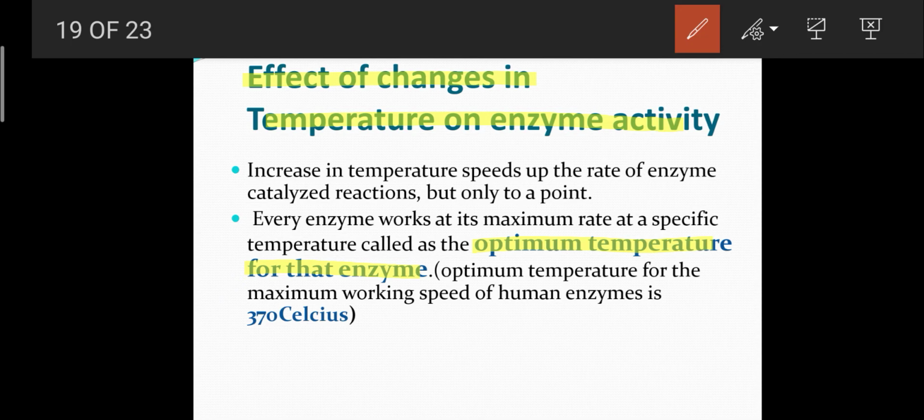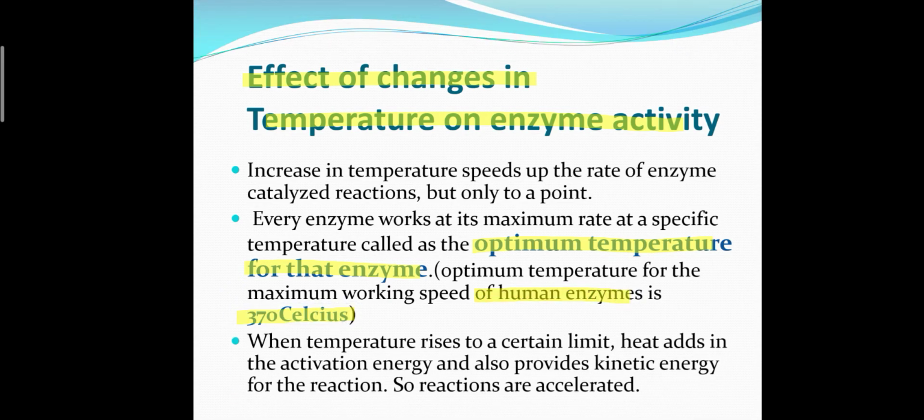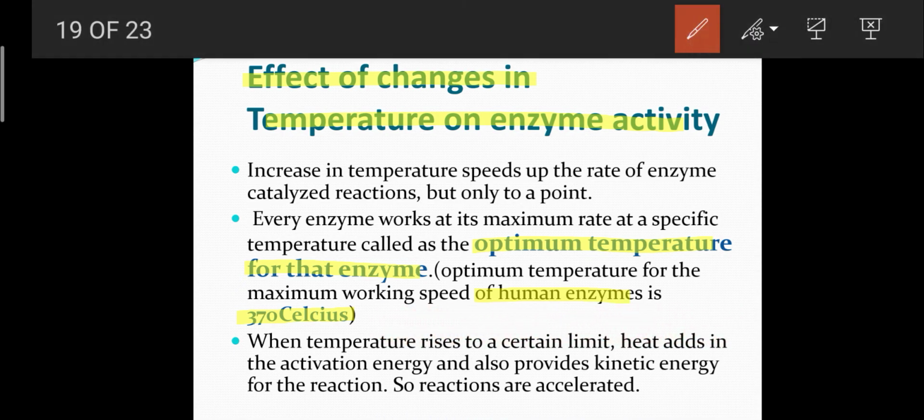The optimum temperature for human enzymes is 37 degrees Celsius. When temperature rises to a certain limit, heat adds to the activation energy and also provides the kinetic energy for the reaction. So reactions are accelerated.